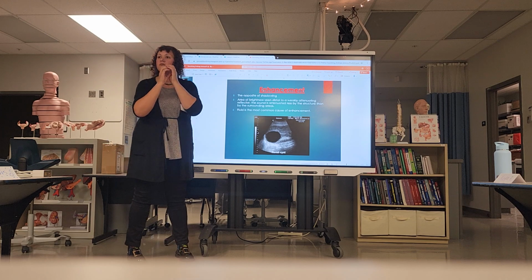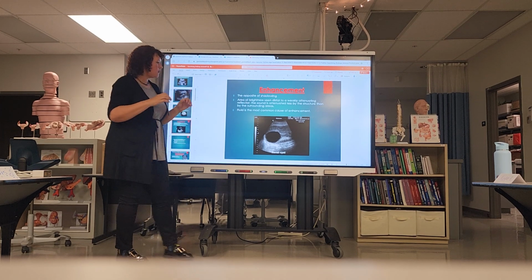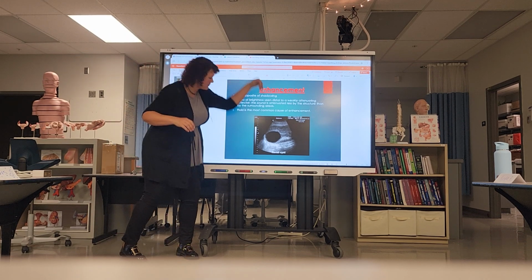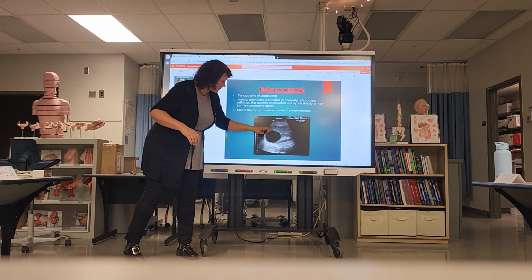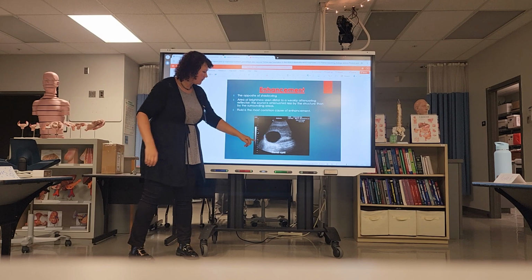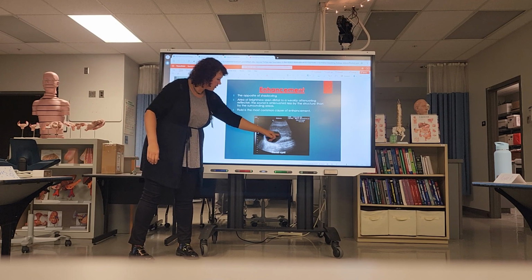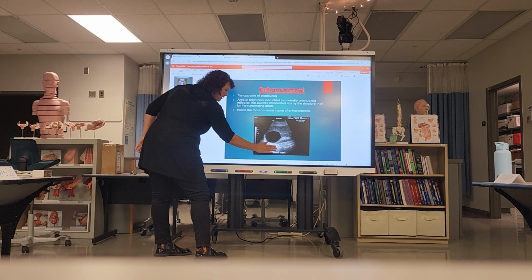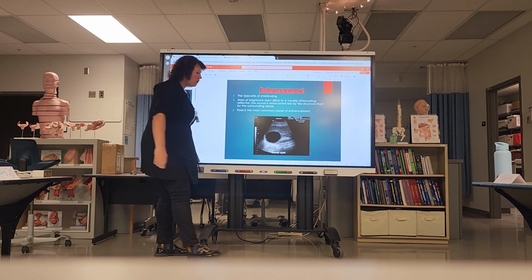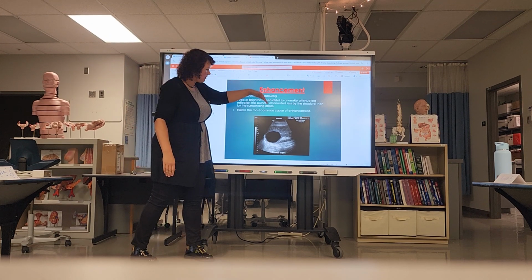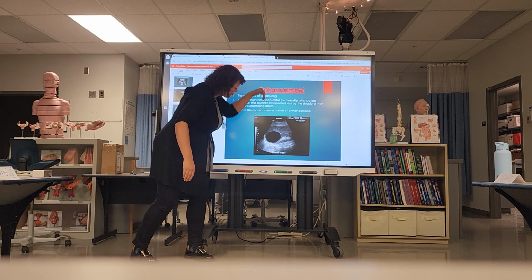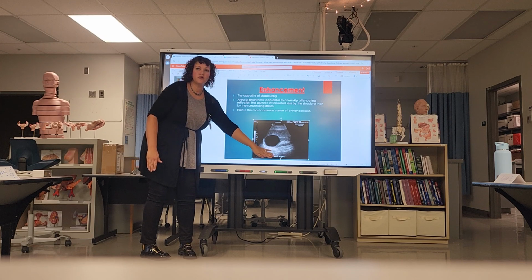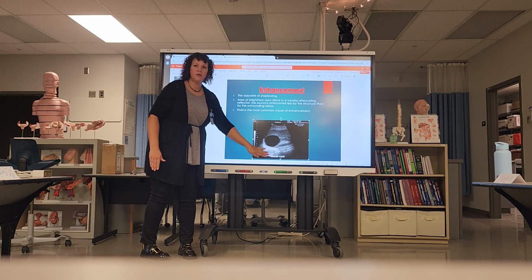What happens with enhancement is very fast transmission of the sound going through the structure. Right here we have a kidney cyst. It's a really big cyst, and underneath it is really bright echoes. The sound beam hits that fluid, goes through it really fast, and creates this enhancement posterior to the structure.